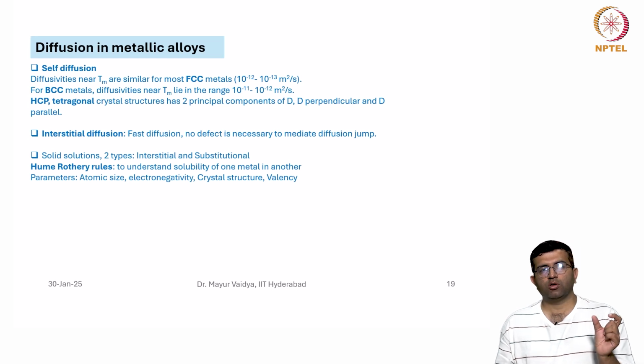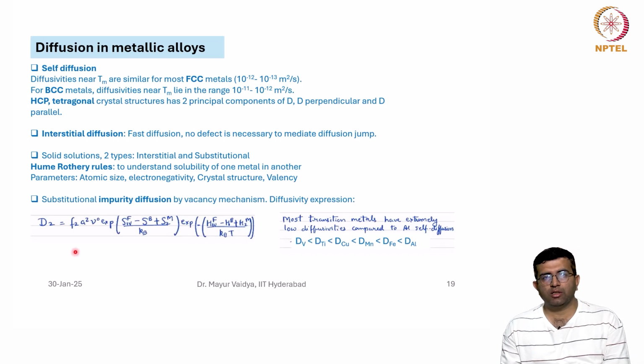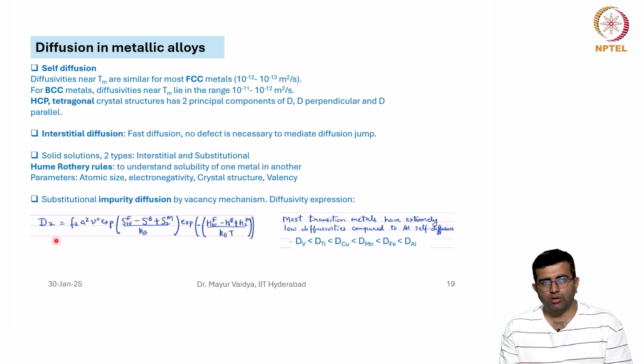We talked also about the solid solutions and the Hume-Rothery rules, and then we also understood that the impurity diffusion happens for the substitutional solutes by vacancy mechanisms. So we have a solute or an impurity diffusion coefficient.